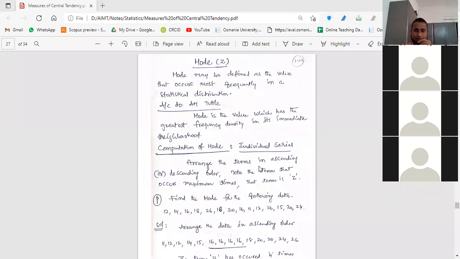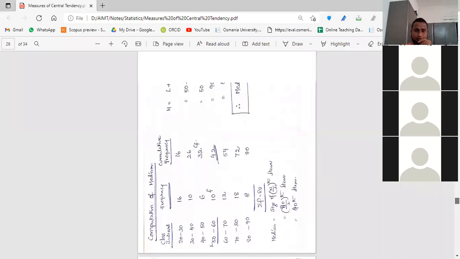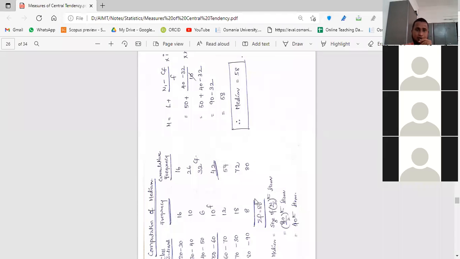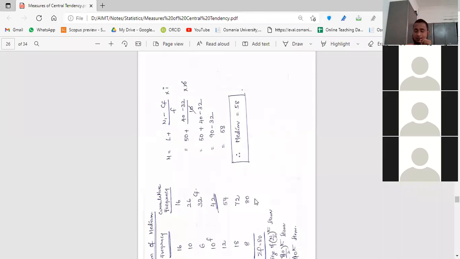Sir, which publications are we following for statistics? You have to follow the textbook. Which textbook, sir? You can take Sultan Chand publication statistics, or SD Sharma statistics.